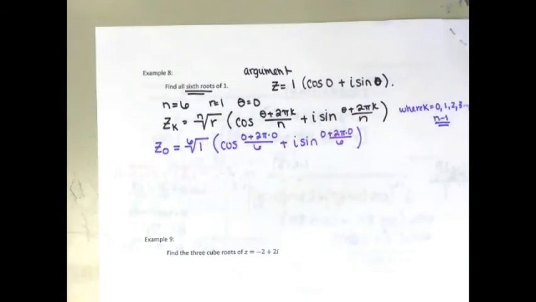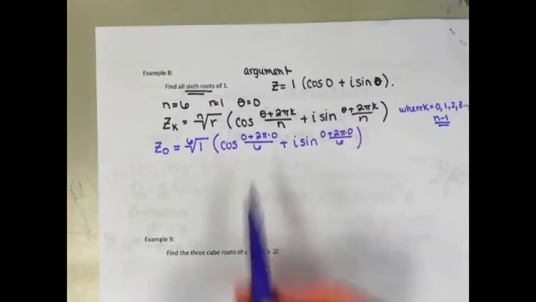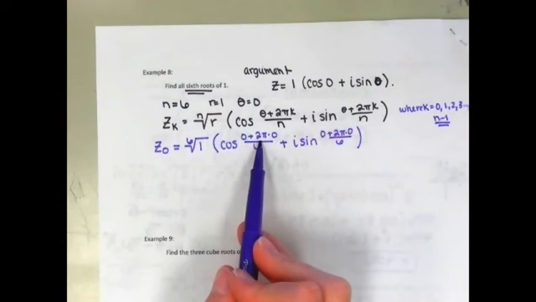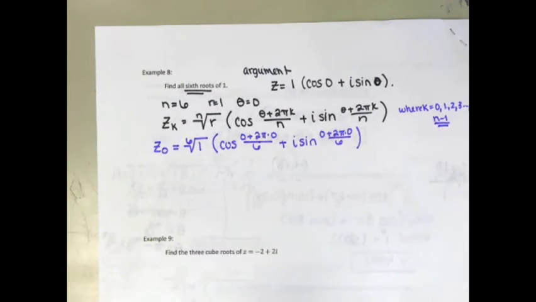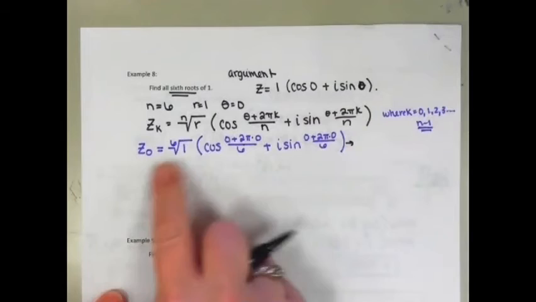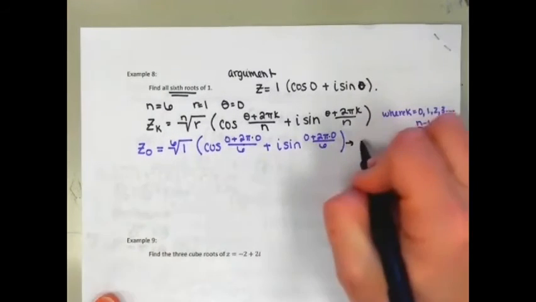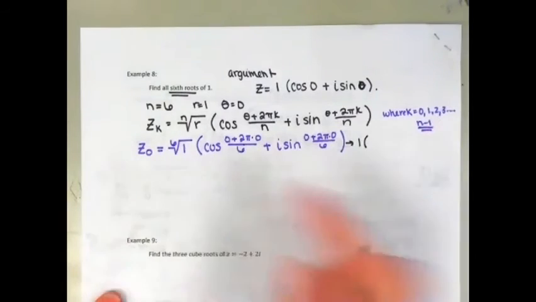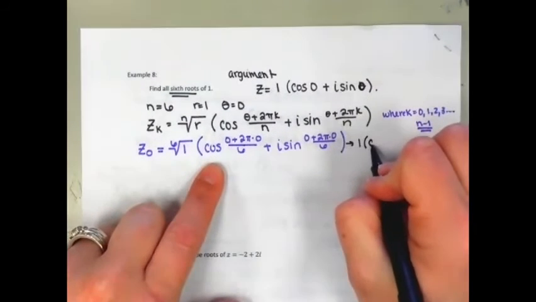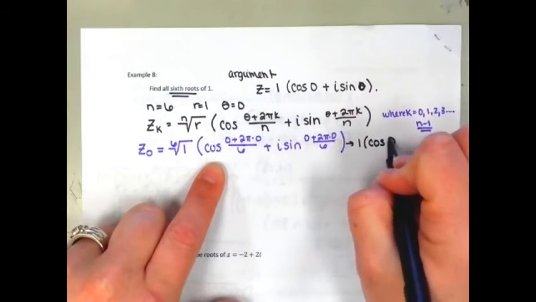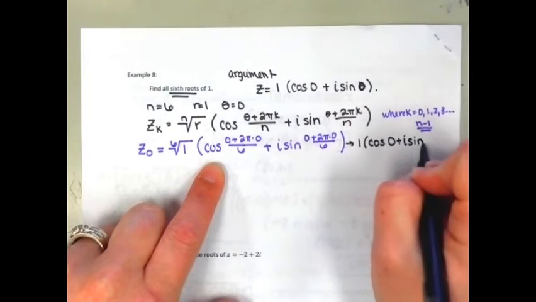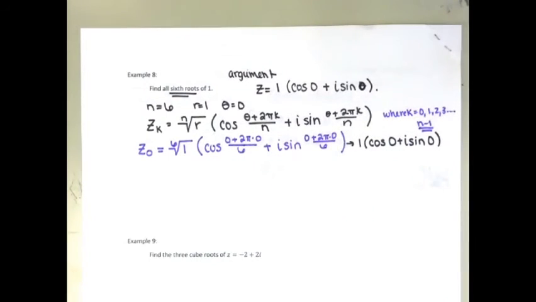This one's actually kind of nice, because 0 times 2 pi is 0, 0 plus 0 is 0, and 0 divided by 6 is 0. And the 6th root of 1 is 1. So for z to the 0 we take 1 times the cosine of 0 plus i times the sine of 0.